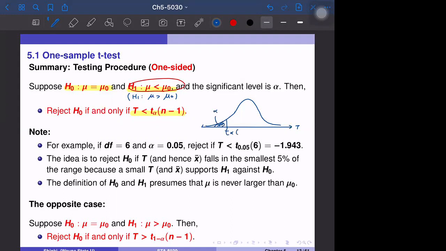If T falls in this range, we reject the null hypothesis, because the alternative is mu smaller than mu naught. If H1 is true, then x bar minus mu naught should be a small value, even after we normalize it. So for small T, we reject H naught to support H1.